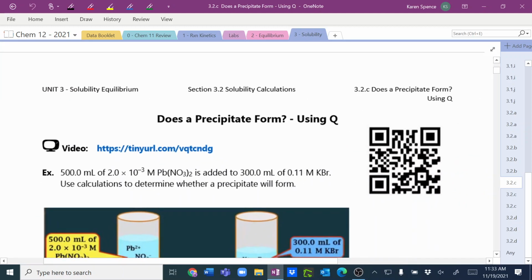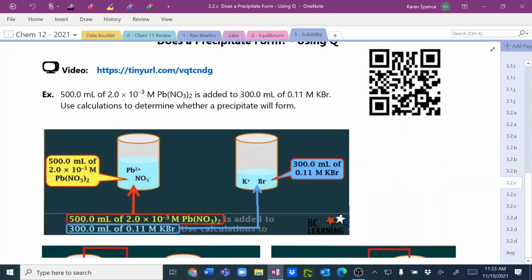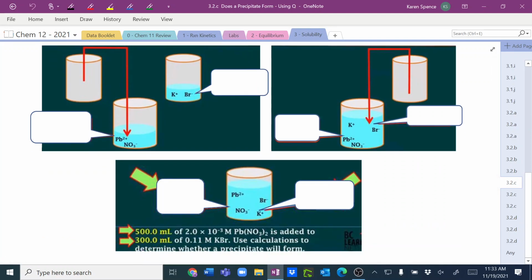This is does a precipitate form using Q. And we are not going to watch this video right now. If over the weekend you're having trouble with it and would like to see this illustrated with the lovely little pictures and everything, then you can go and do this.